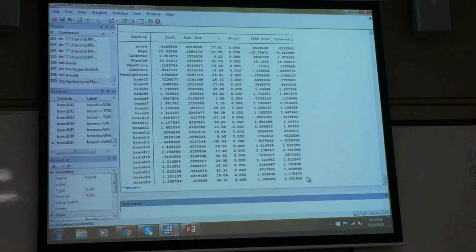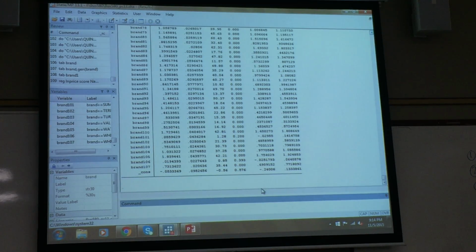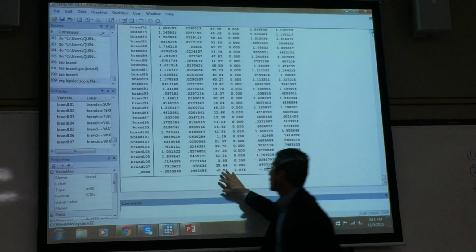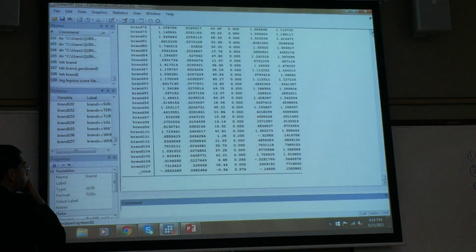Again, ignore all the brand stuff, but those are the coefficients that we're going to pull the brand effects from. Lots and lots of dummies. And notice that the dummies are mostly significant, except for a couple.